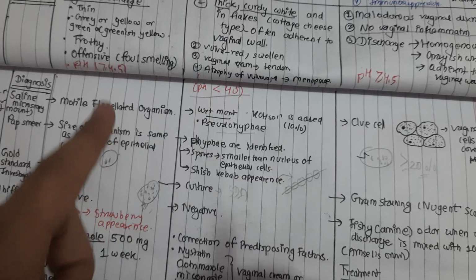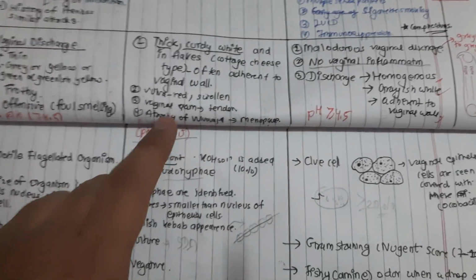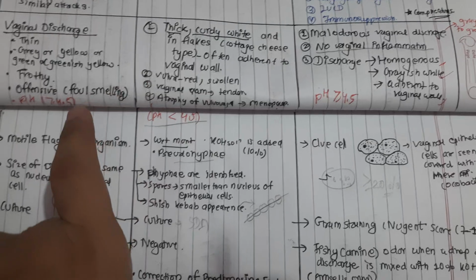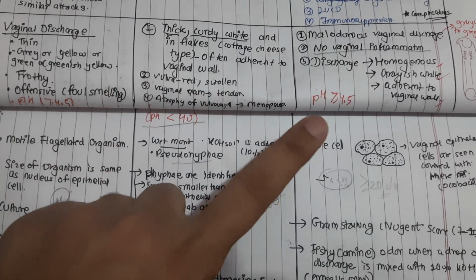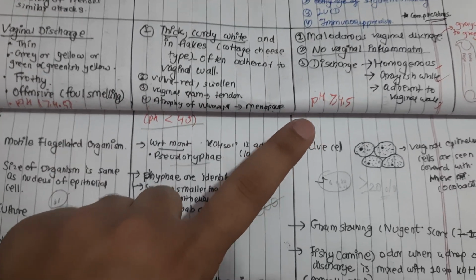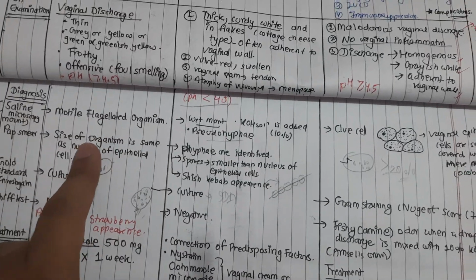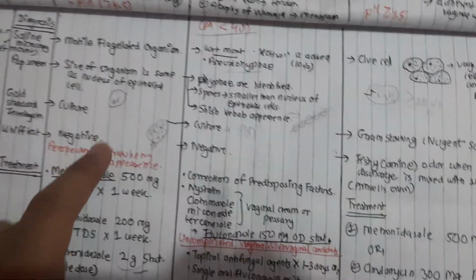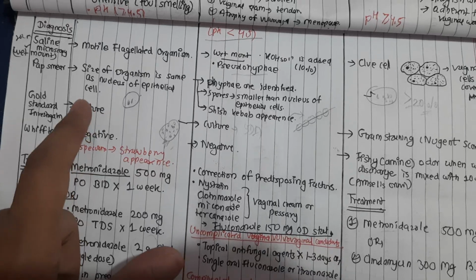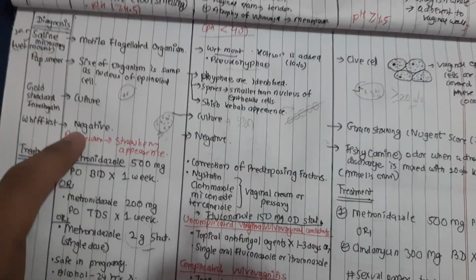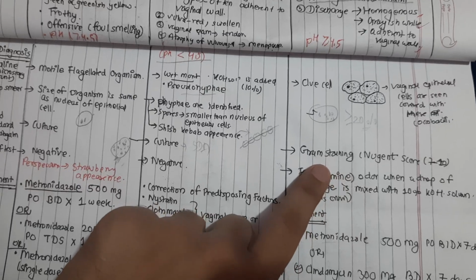Again, these are the different characteristics of discharge that we can differentiate by pH. pH is less in Candida, whereas it is greater in trichomonas and bacterial vaginosis. For diagnosis we can follow different modalities: the saline microscopy test, pap smear, the gold standard investigation is culture, and the gold standard in bacterial vaginosis is gram staining.